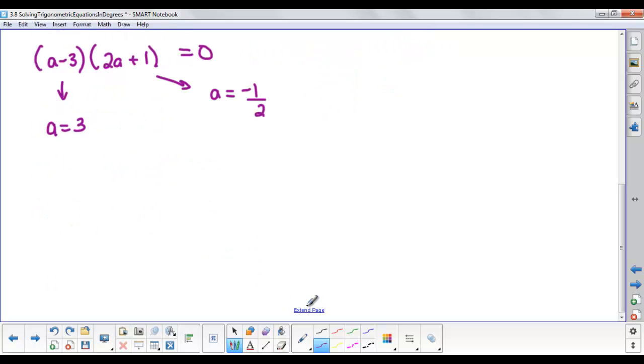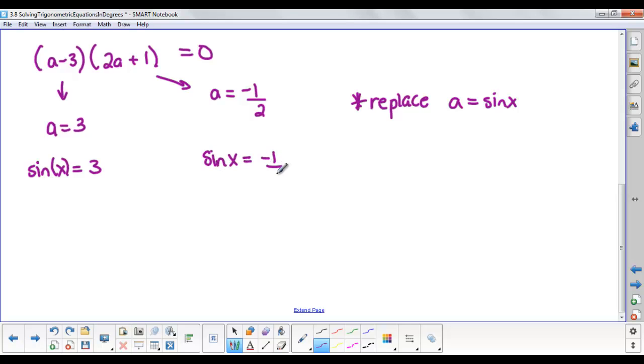Now remember, a was never part of the question. So what we need to do now is go back and replace the a with the sine x. Okay, so really what we have here is sine x is equal to 3 and sine x equal to negative 1/2.